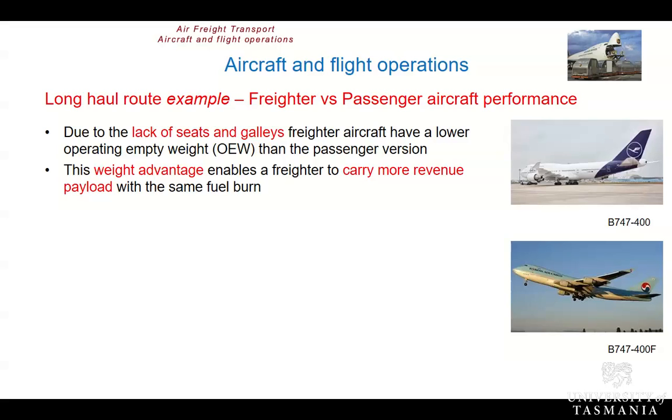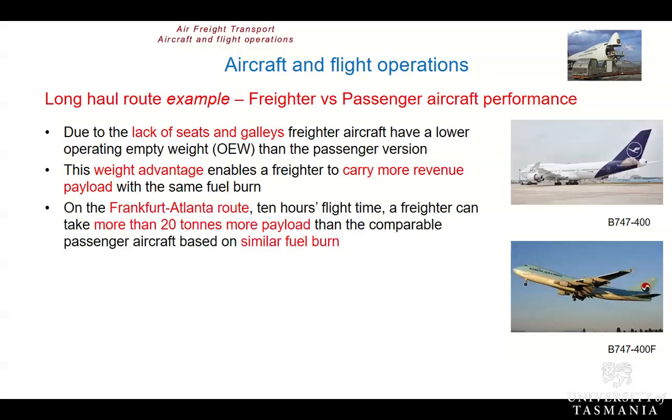For example, once you take all those elements out of a passenger aircraft and it becomes a freighter, it might be, I don't know, 15 to 20 tonnes of additional payload weight to put you on a par with a passenger aircraft. So it's a significant advantage. From a performance perspective, the freighter on long-haul routes is going to be ahead of a passenger aircraft.